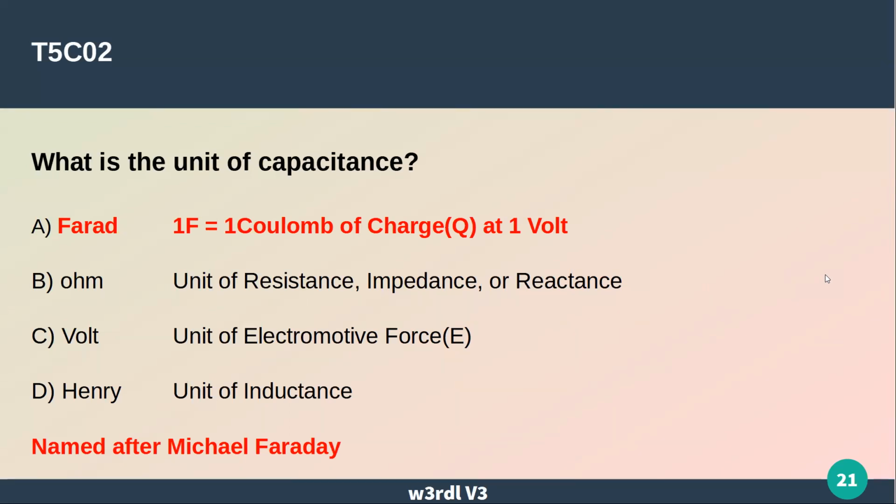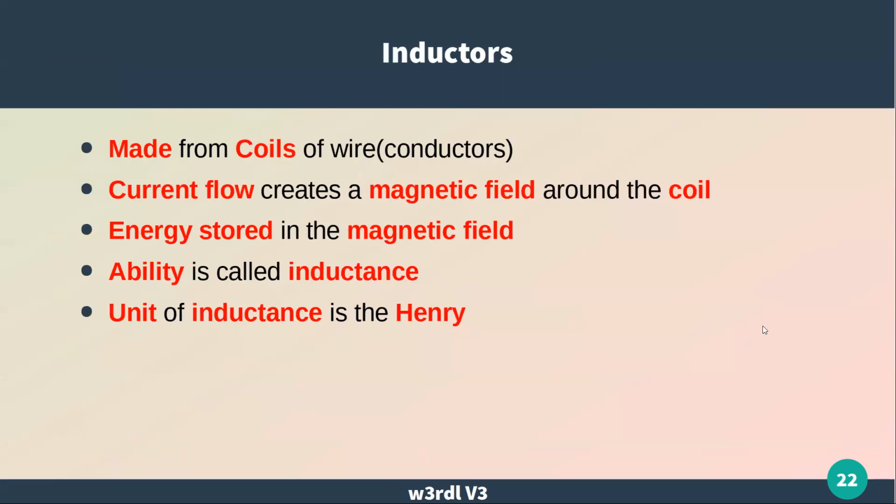And when we talk about inductors, then we'll talk about henries, which is the unit of inductance. Inductors are just essentially a coil of wire, or a conductor coiled up.